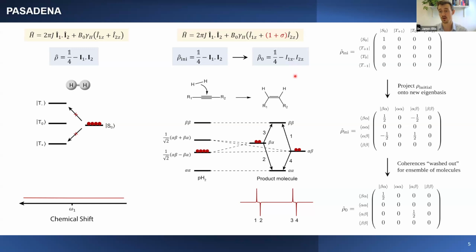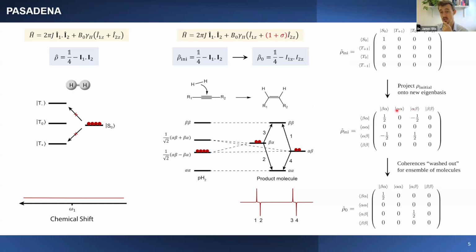Okay, and what's going on there is, well, this is our initial density operator written in matrix form. So we have all of our population occupying the singlet state. But as the hydrogen molecule reacts, the state basis changes. And so we need to project the initial density operator onto a new eigenbasis, which is, well, to a good approximation, the Zeeman basis.